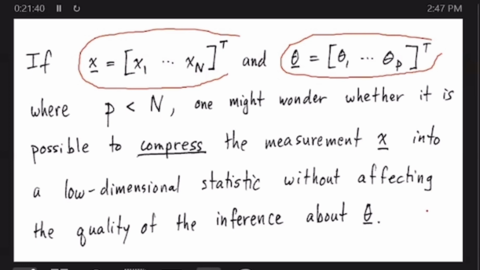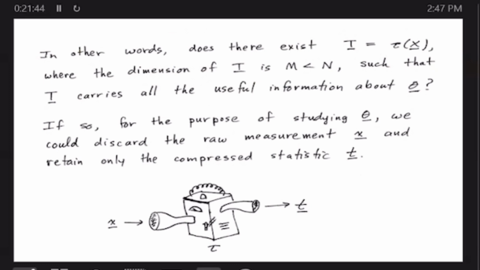Okay, now take a look at this guy. I said, in other words, there exists this guy. Why do I say T underscore bar? Because if I have one parameter, the number of sufficient statistics is going to be 1. If I have 2 parameters, the number of sufficient statistics is going to be 2.